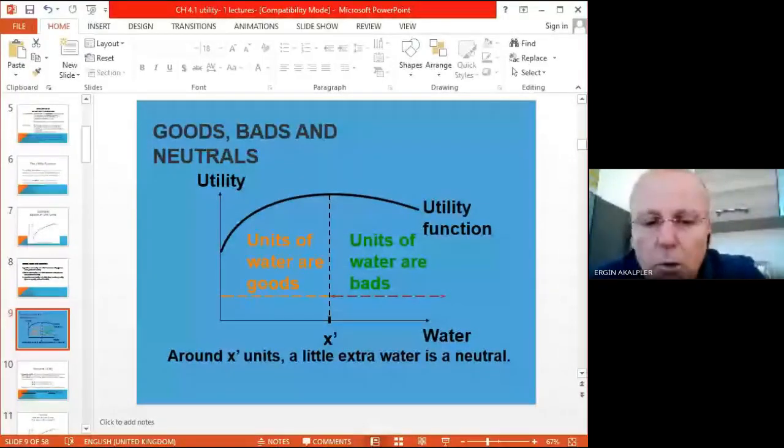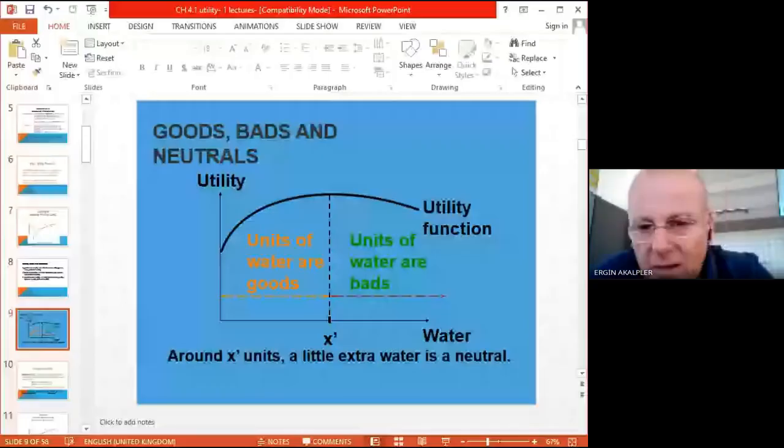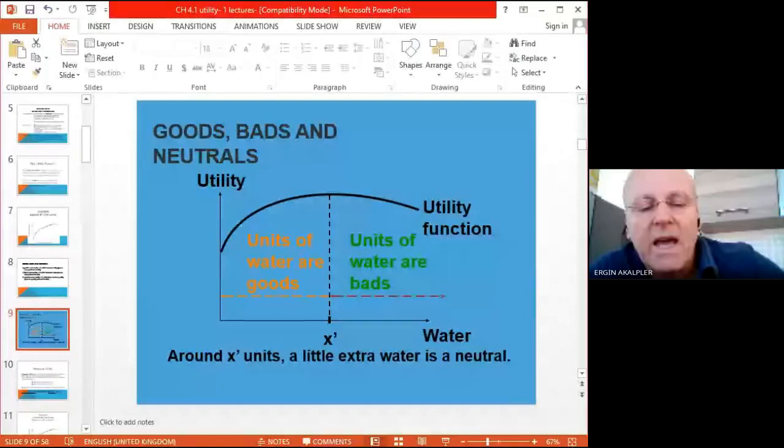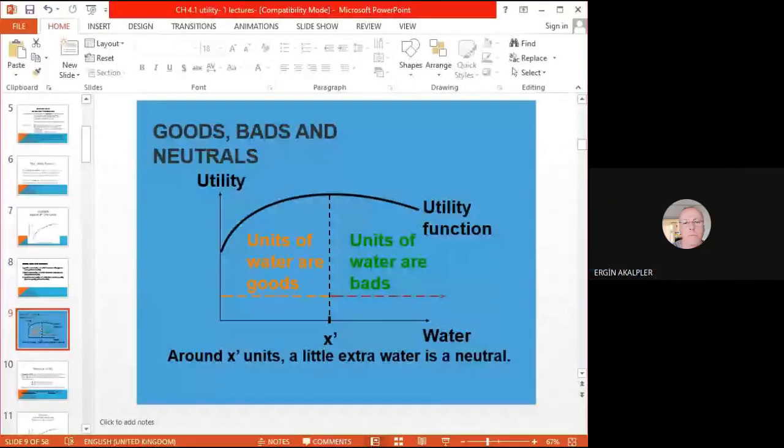And where you are on the X axis, there you have the point where you have the optimal bundle. You understand? Therefore, we have to exercise this in economics, especially when we are concentrating on utility and consumer preferences.